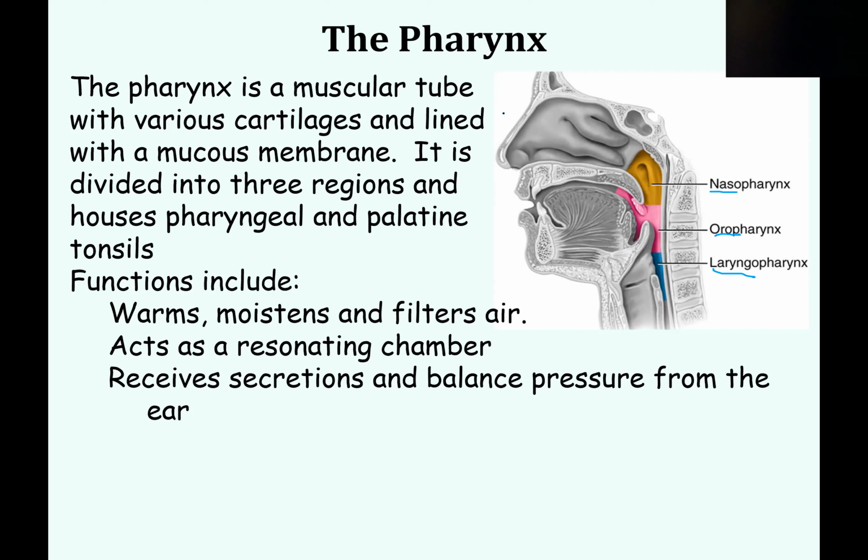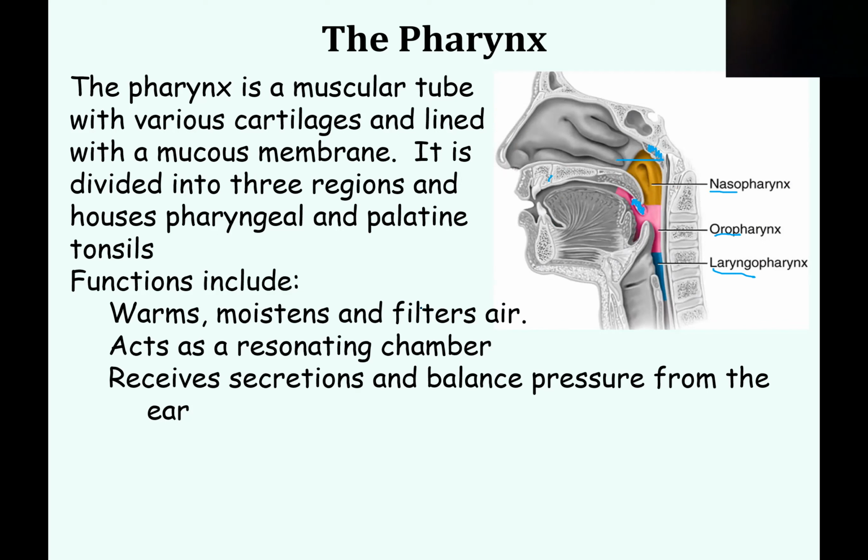This houses the pharyngeal tonsils and the palatine tonsils, which we've had in the lymphatic system. Collectively, this muscular tube is going to warm, moisten, and filter the air, just like the nose does.